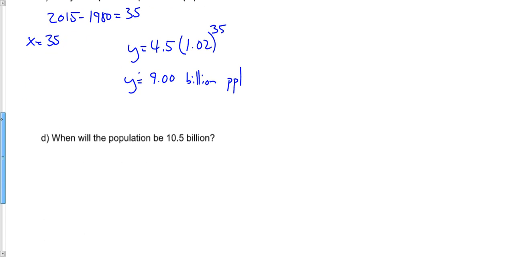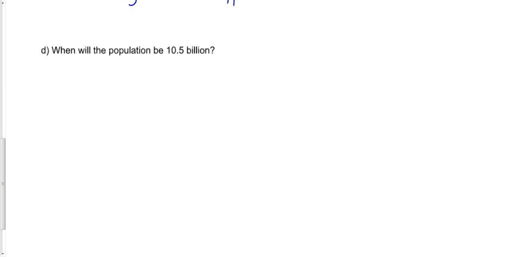So we want to try and figure out for part D, when will the population be 9.5 billion? Okay, so in this case, we're given a y value of 10.5. We know that the a value is 4.5. We know that the b value is 1.02. We don't know what the x value is.